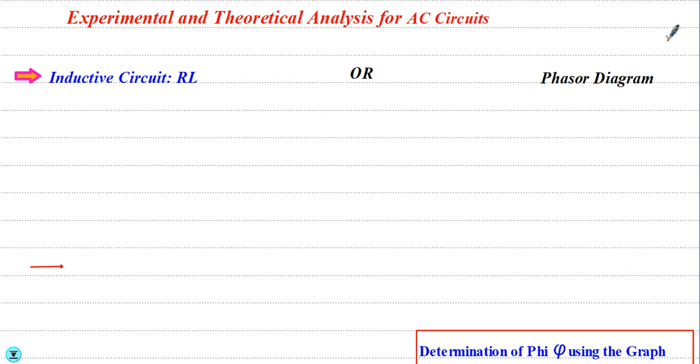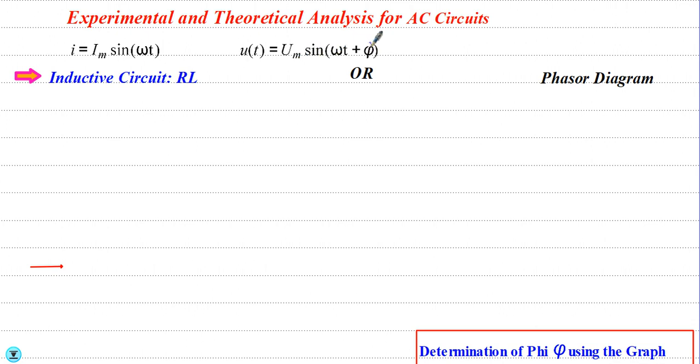We're gonna continue what we have already begun with in the alternating sinusoidal current discussion. And this time we're gonna study the experimental and theoretical analysis of AC circuits, where we have a current i equals Im sine omega t, and u of t is U maximum sine omega t plus phi.